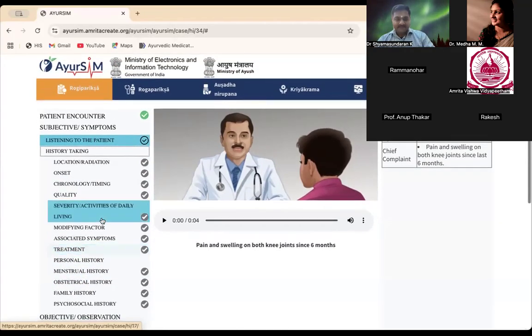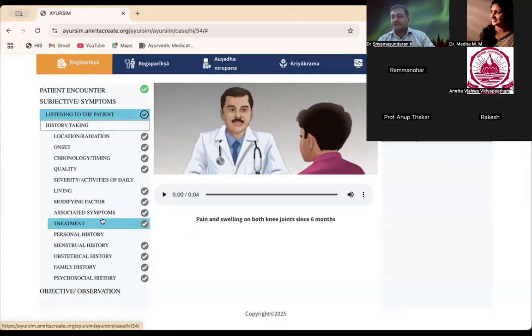And having said that, it is also important, especially in the Indian setting, that you will not get sufficient time to examine the patient for more than at least half an hour. You cannot afford to spend more than half an hour, or at least 20 minutes, for a single patient. So what do you do?